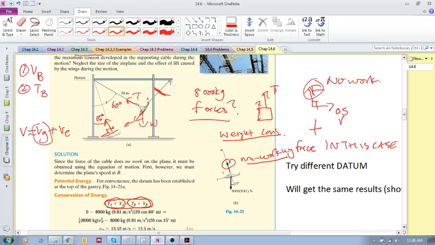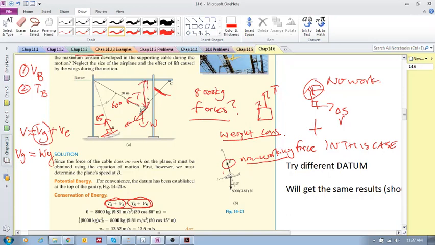Now, what do you do when you're trying to calculate potential energy due to gravity? Remember, it's weight times h, and we want to identify our datum. They identified the datum there. So here's our mass. It is below the datum, so we're going to have a negative potential energy.